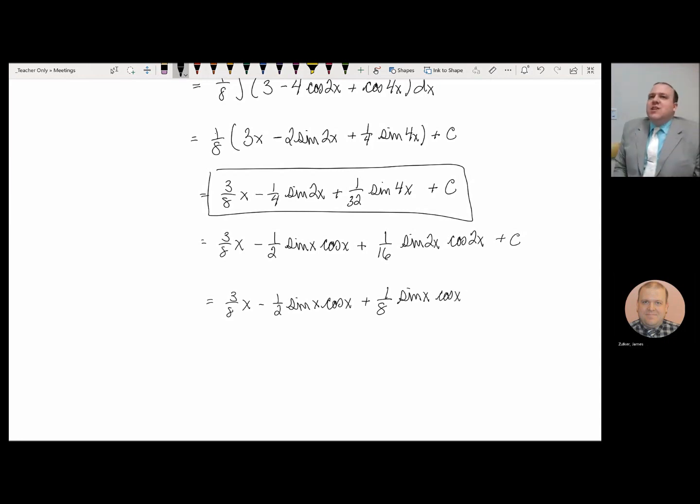But now we need to do something about that cosine of 2x. Double angle for cosine of 2x. There are 3. It's just a matter of which one you want to use. Yeah, go ahead. 1 minus 2 sine squared a.